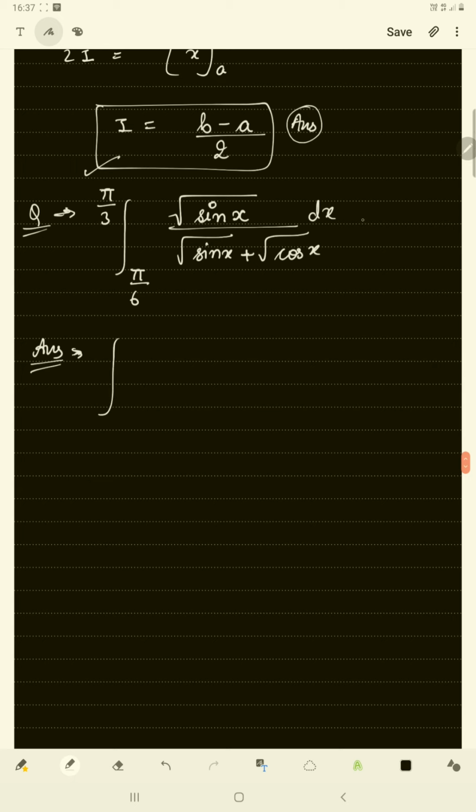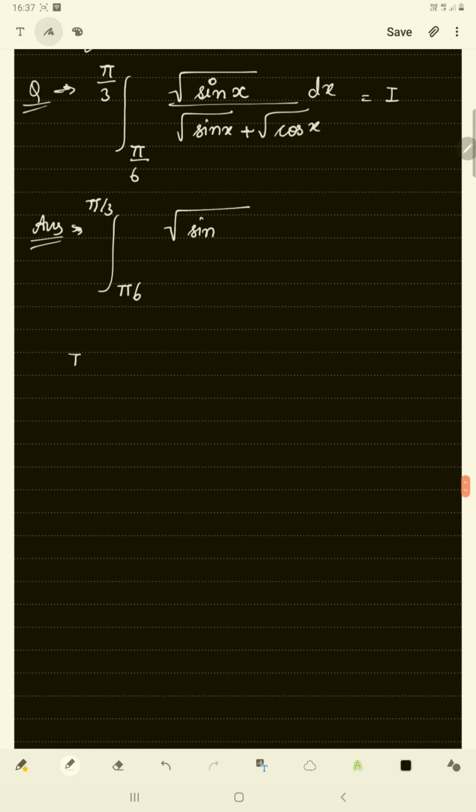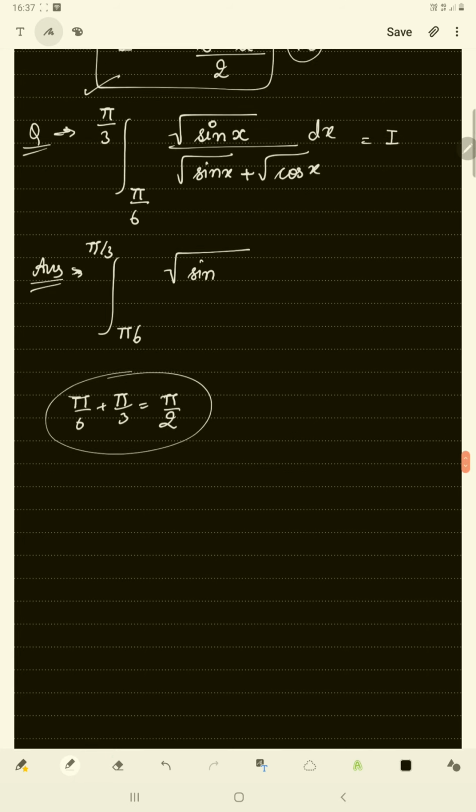So let this question be I, and we have the integral from pi by 6 to pi by 3 of under root sine x upon under root sine x plus under root cos x. Now the striking factor that you should know is pi by 6 plus pi by 3 is equal to pi by 2. This is what makes the King's property fail over here, because in the King's property we had 0 to pi by 2, but now we have used the King of Kings property to make suitable limits for us.